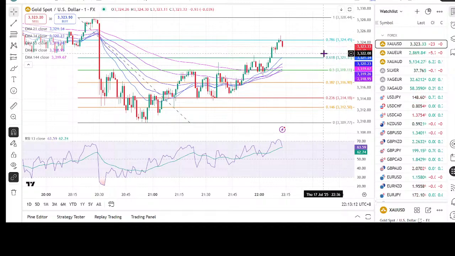If this market turns down from here, then we are just too unlucky. There's nothing we can do. We just have to wait, then we go for a re-entry. Right now it's too early to go for a sell to take this trade.